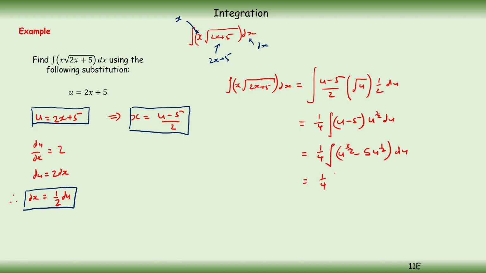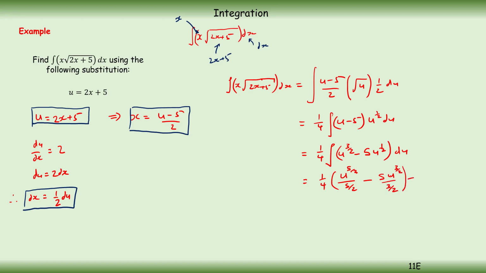And if I integrate, I've got add 1 and divide by the power, so that's going to be u to the power of 5 over 2 all over 5 over 2 minus 5 u to the power of 3 over 2 over 3 over 2.